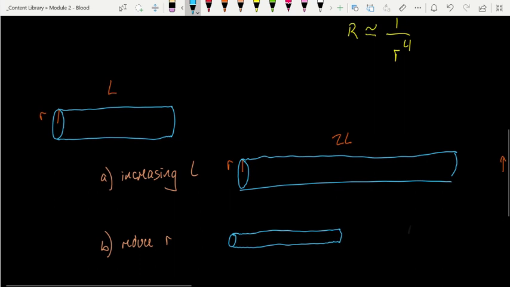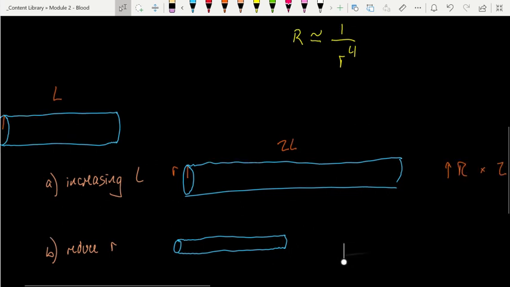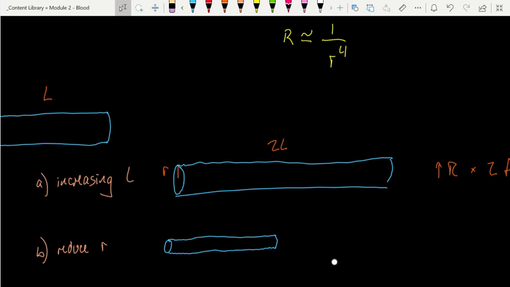Remember, because radius is raised to the 4th power and it's inversely proportional, as my radius goes down by half, my resistance, what's going to happen here? This is going to lead to an increase in resistance by 16-fold. Right? This is a huge increase in resistance simply because my radius was cut in half.